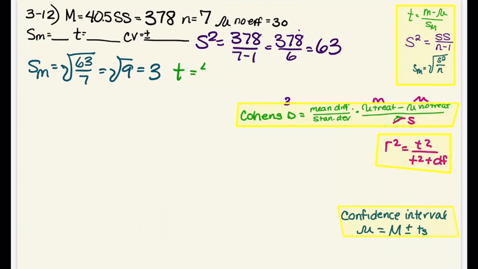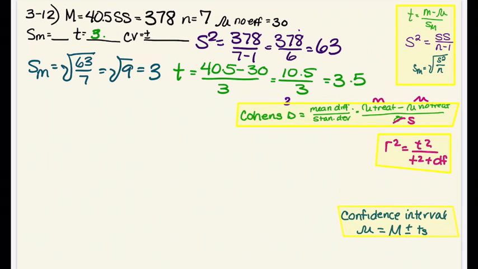Then we can plug our standard error into our t equation, and we'll take our sample mean minus our population mean if there's no effect, and divide it by the standard error. We'll receive a value of 3.5.